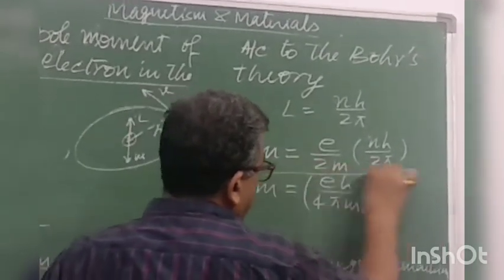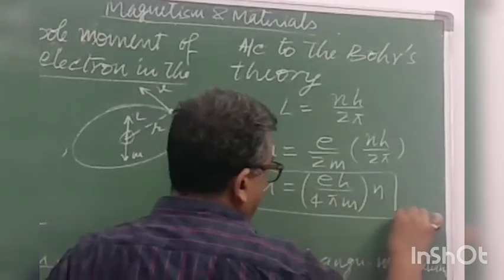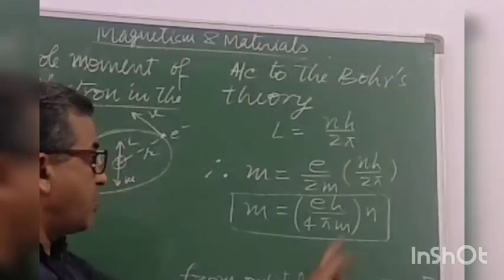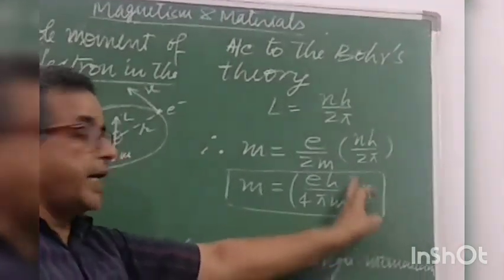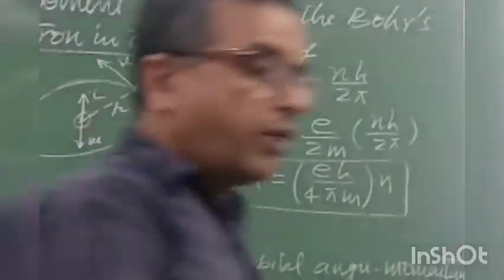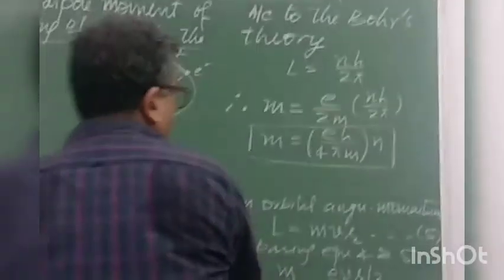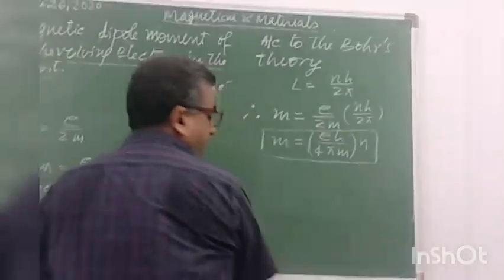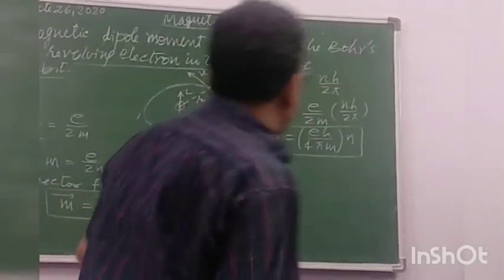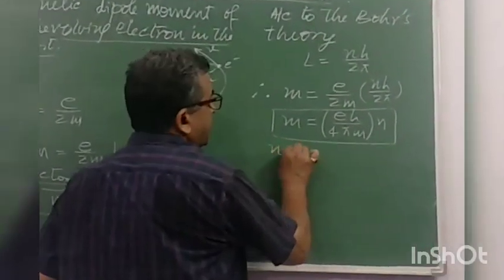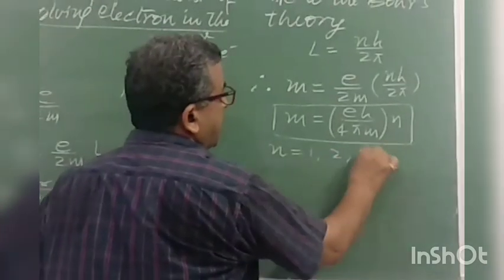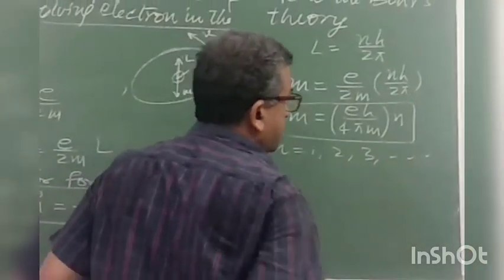So this magnetic dipole moment of the revolving electron depends upon this n in the different orbits. For different orbits, the value of n is the principal quantum number, so it is 1, 2, 3, like this.